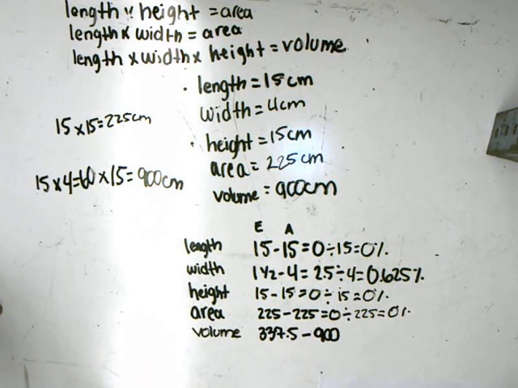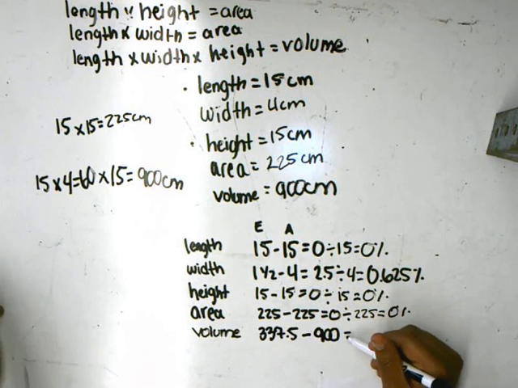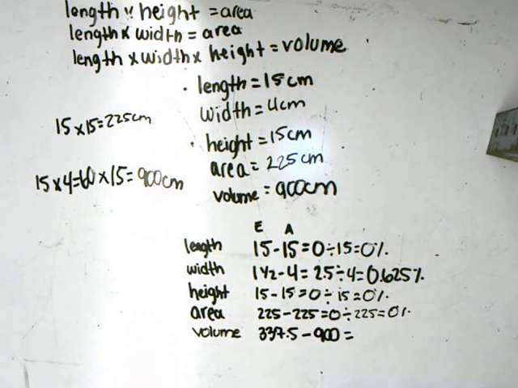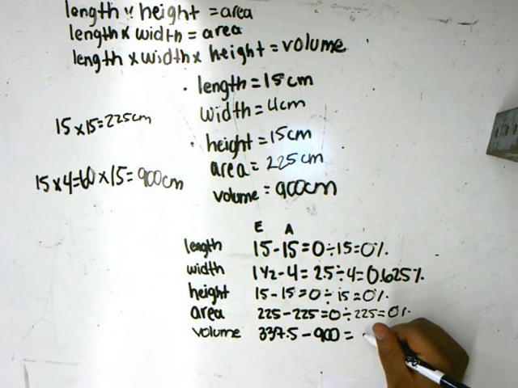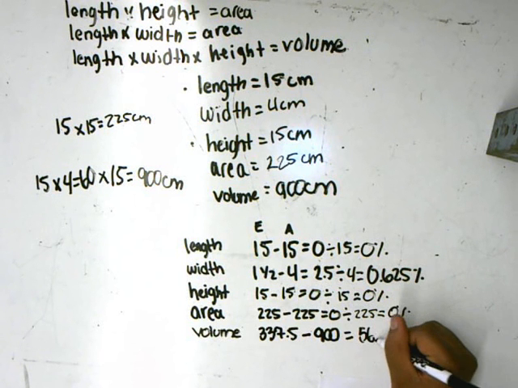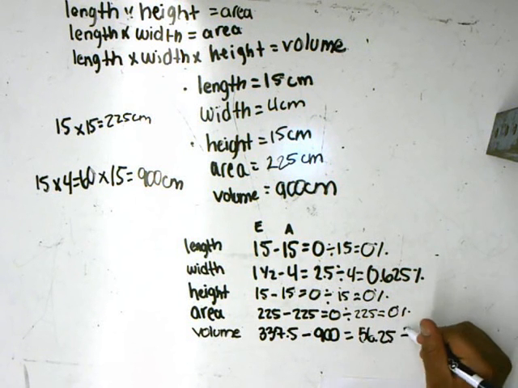Now I'm going to divide that by the actual, which is 900, and I'm going to get 0.625 uncertainty for the percentage error of the volume.